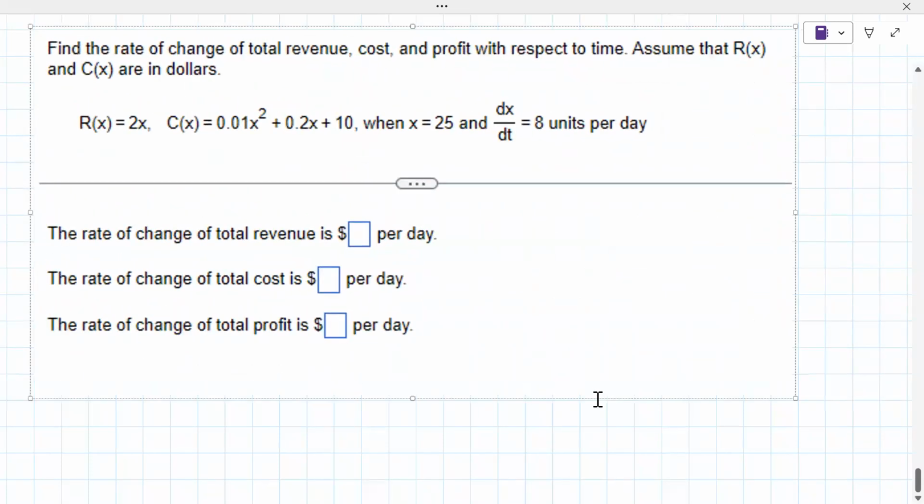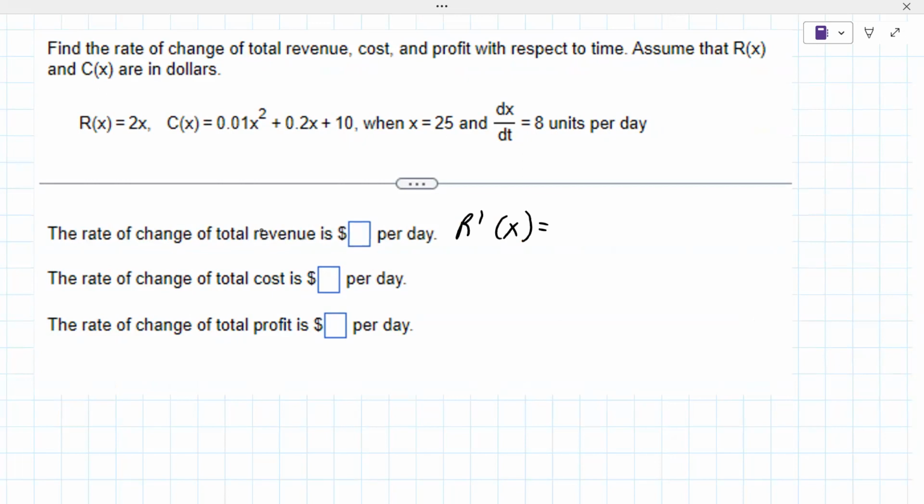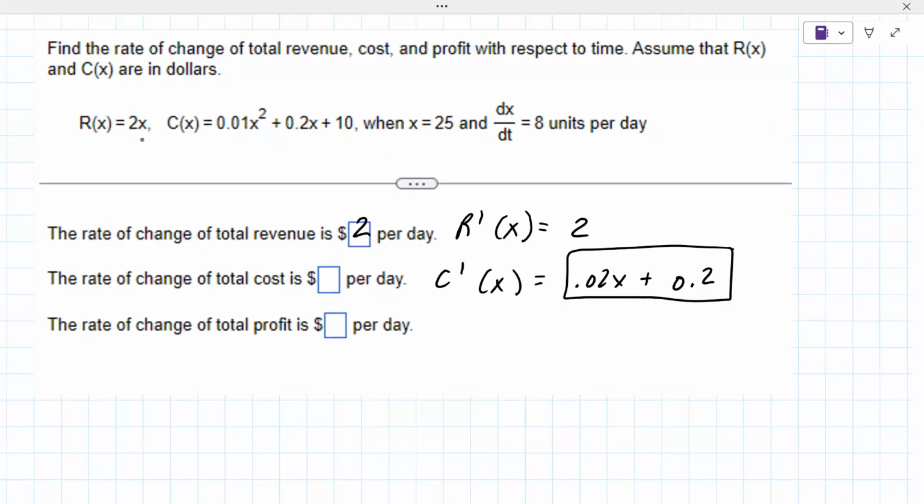So rate of change. Okay, so total profit. All right. So first one is asking for R prime of X, which is the derivative of revenue of X, which is just 2. Yeah. That's nice. Okay. The second one is C prime of X, which is the derivative of cost, which is 0.02 X plus 0.2. So that's your second box there.